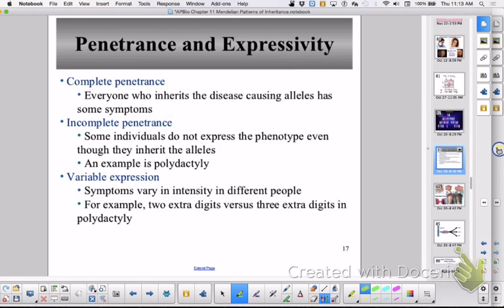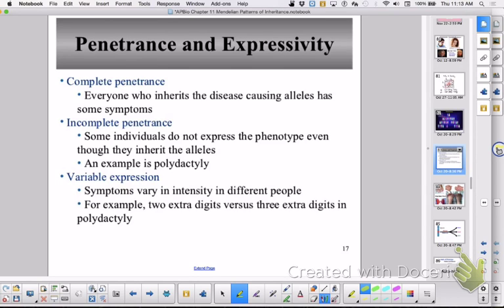But for incomplete dominance, do you have to have multiple alleles? No. Incomplete dominance looks like blending. Then our next one was penetrance and expressivity. It's not cut and dry whether or not you have that particular phenotype or how that phenotype is expressed.